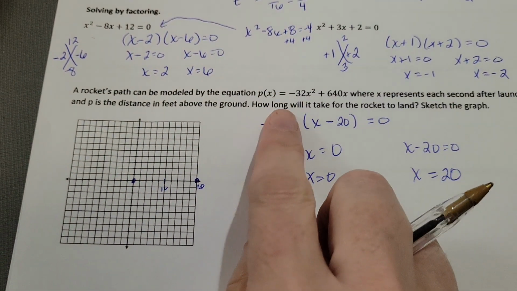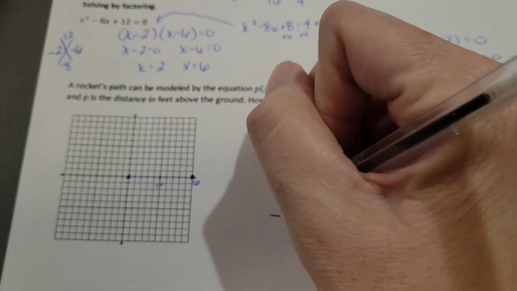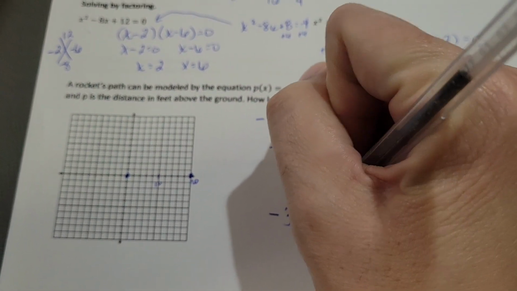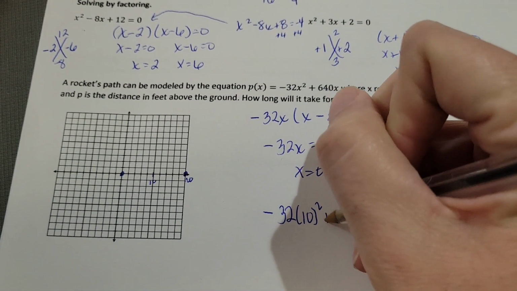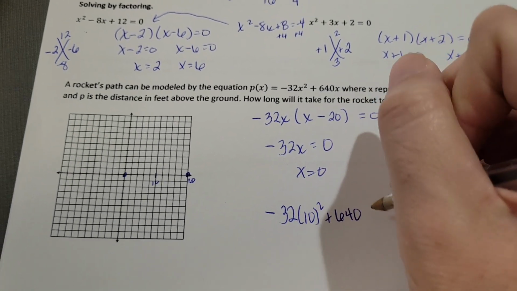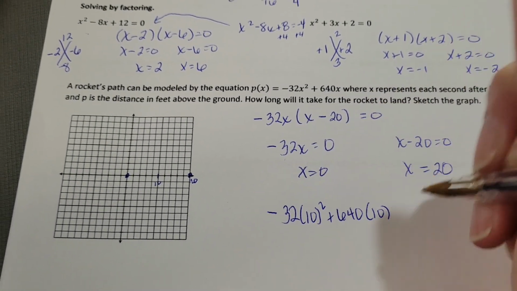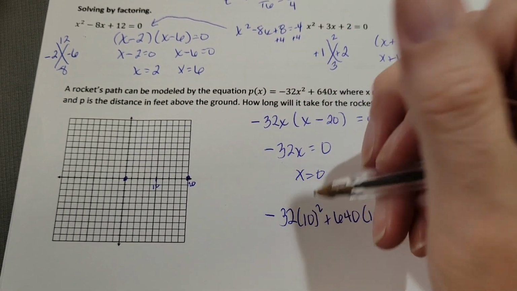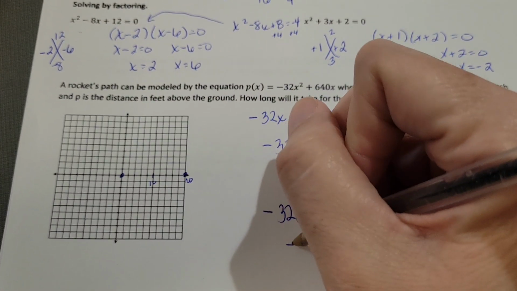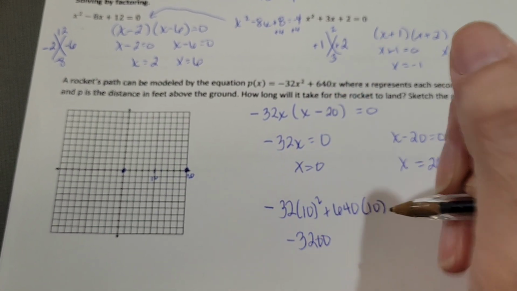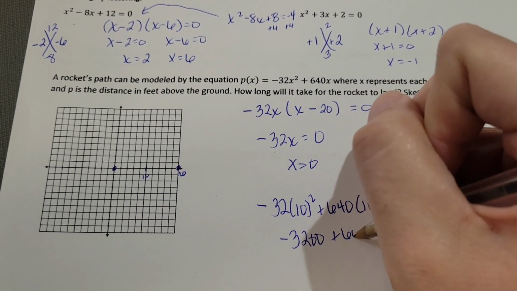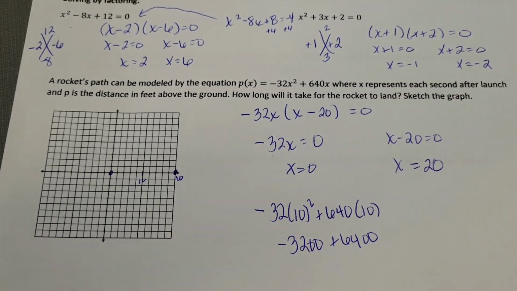So I'm going to take my original equation and plug 10 back in there. -32 times 10 squared plus 640 times 10. And -32 times 100 is -3200 plus 6400.